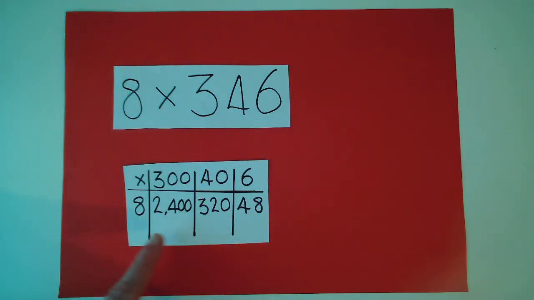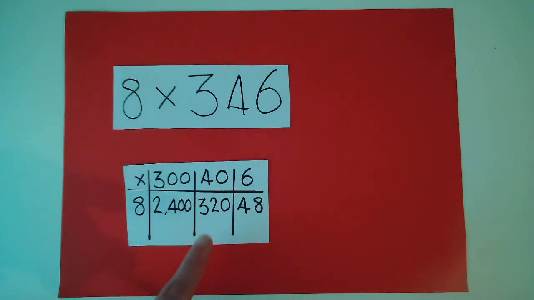And our final problem was 8 times 346. So with your pens, check if you got it correct. And if you didn't, don't worry. See where you've gone slightly off and why, because that's really important. So we've partitioned our number. So our first step is 8 times 300. So you might have done 8 times 3 to get 24, and then added your zeros to get 2,400.